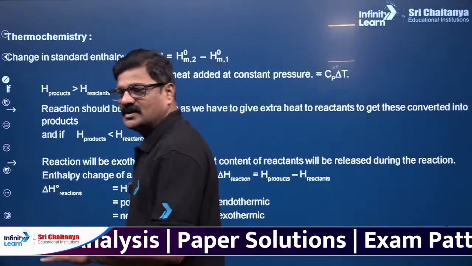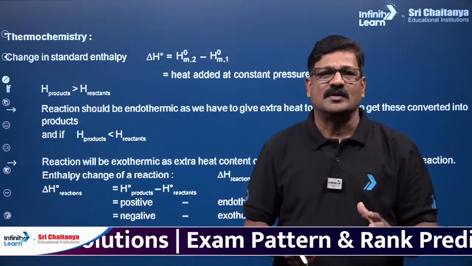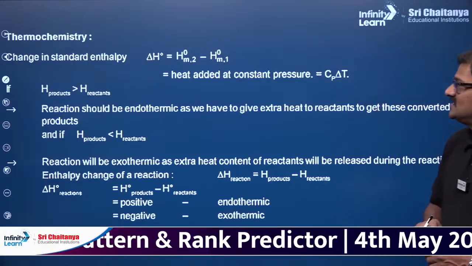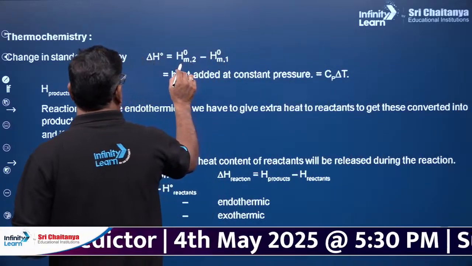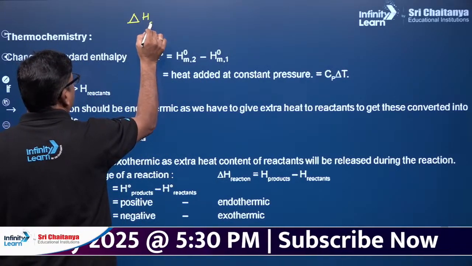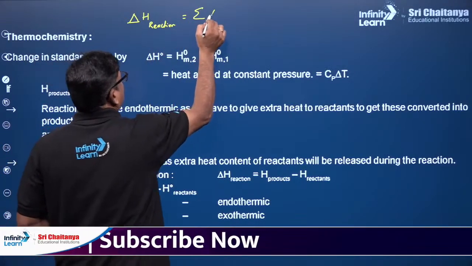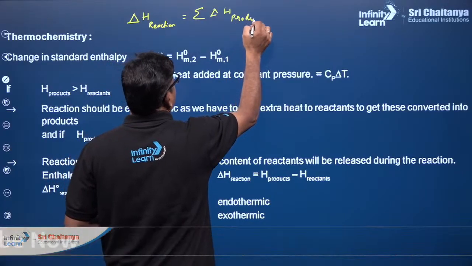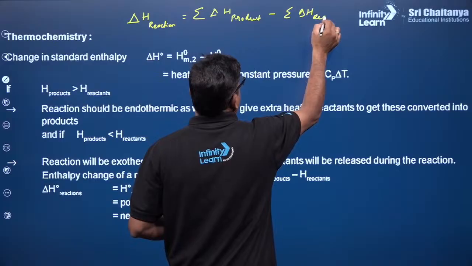Now thermochemistry. Thermochemistry is a part of chemistry where we study the heat changes during a chemical reaction. For the change in standard enthalpy, I want to say the enthalpy of the reaction is equal to the sum of the enthalpies of the products minus the sum of the enthalpies of the reactants.